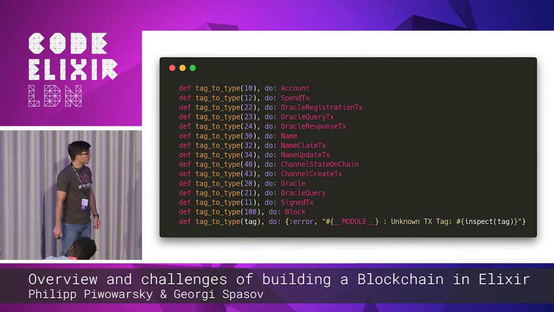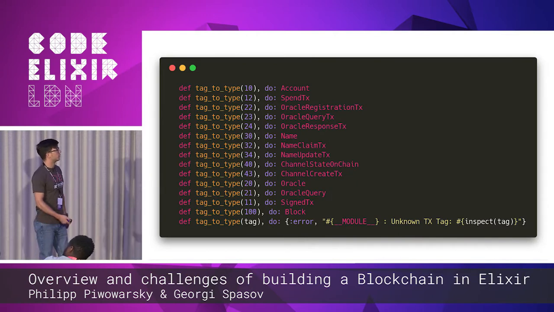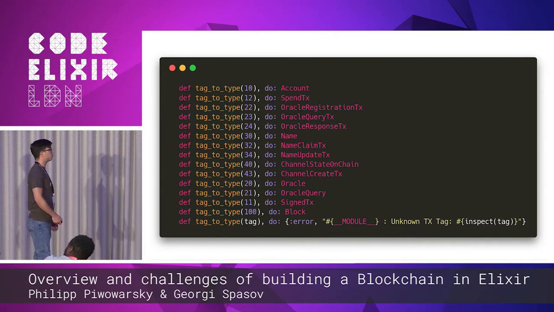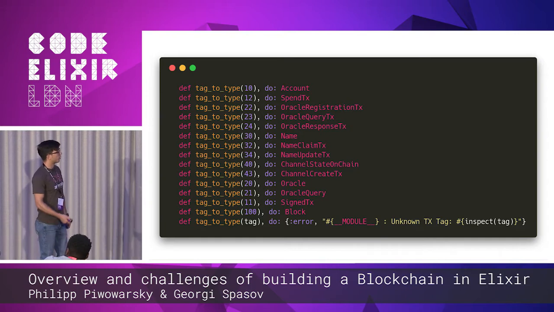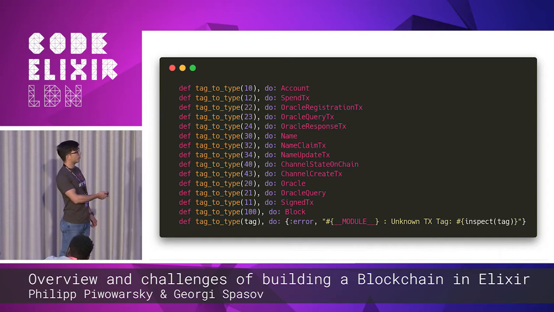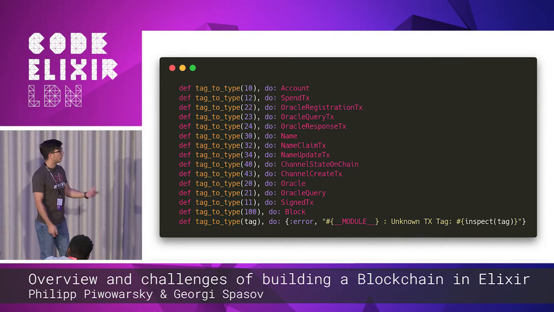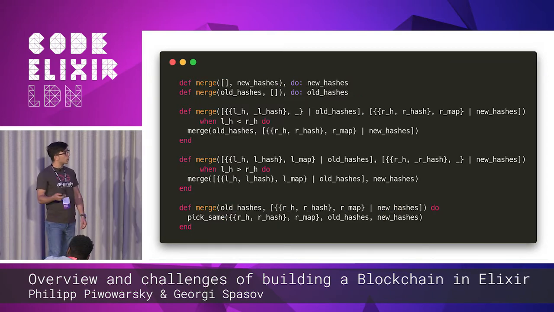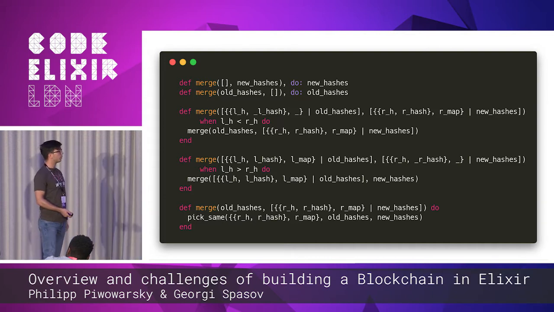A different one would be this, where we have all these functions that pattern match on the argument, and depending on the type of the argument, we're going to get some type like the account, spend TX, or whatever.